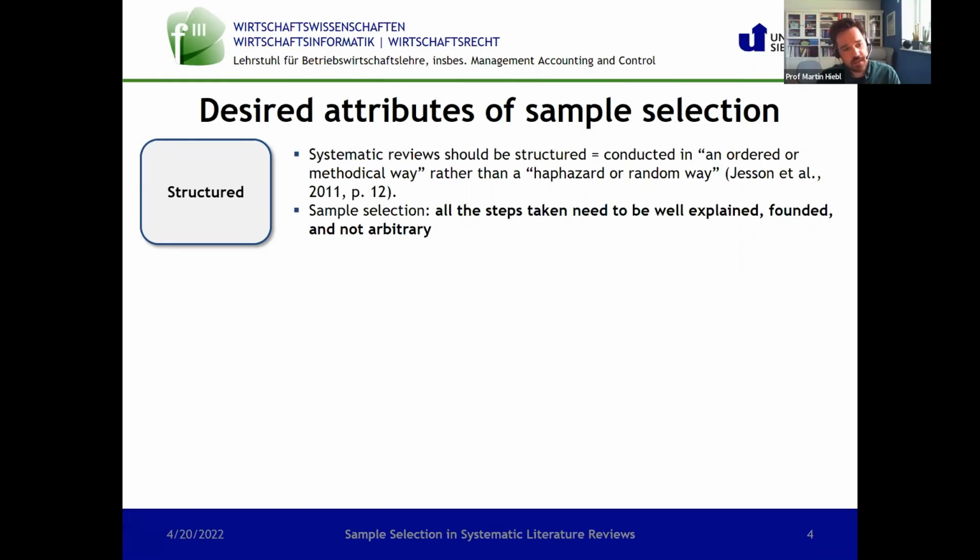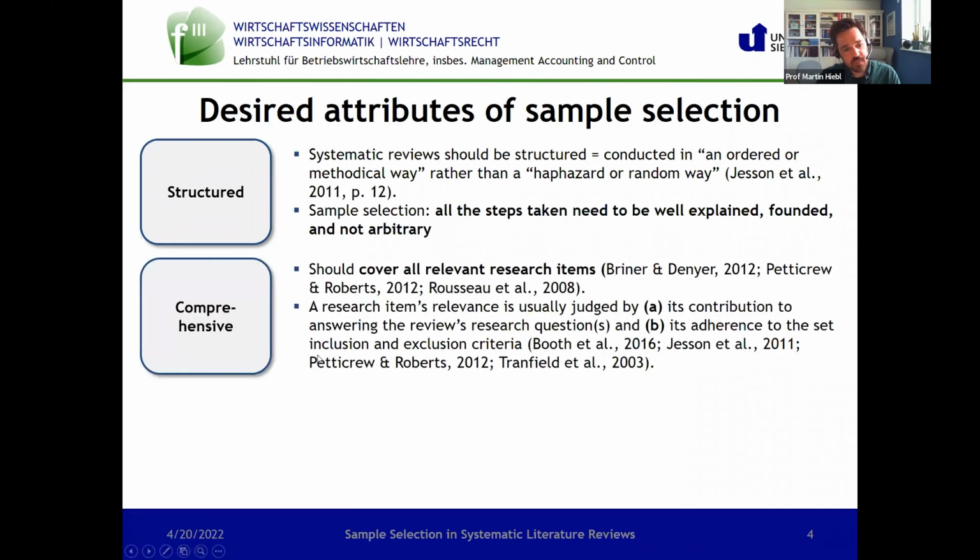Well, the second attribute is comprehensive. So you usually want to conduct a review that really comprehensively covers all relevant research. And here, the research question that I mentioned a minute ago comes into play, because what is relevant research for a review?